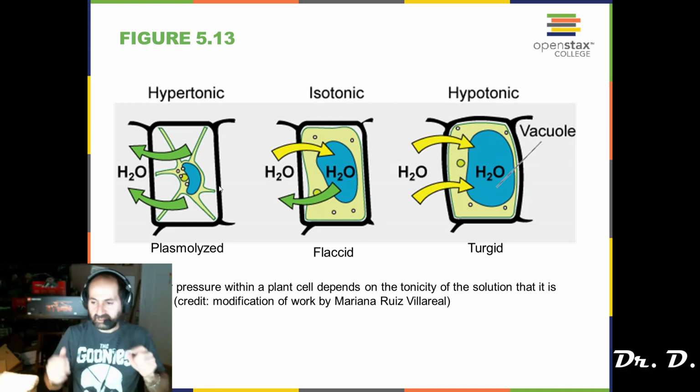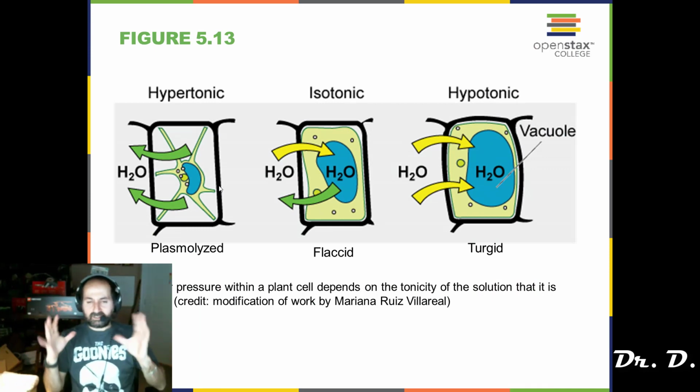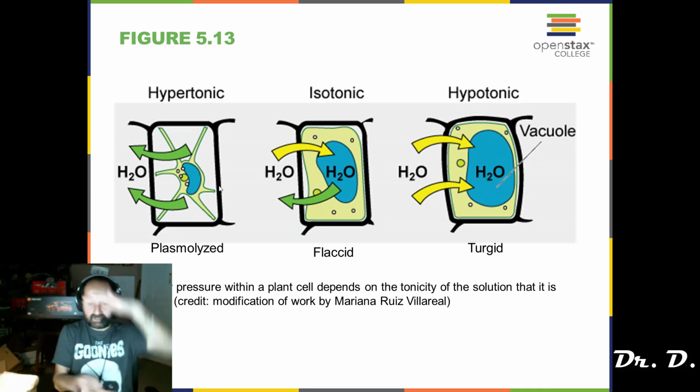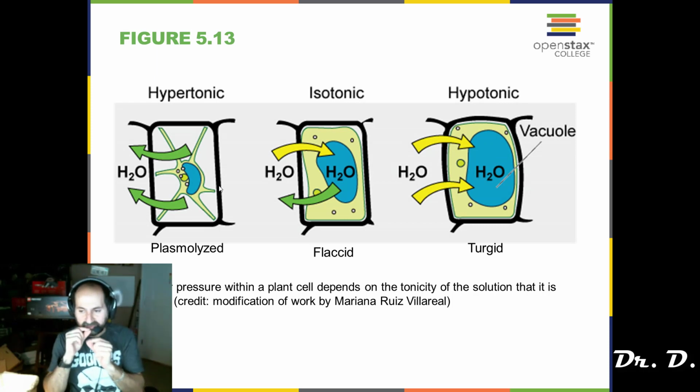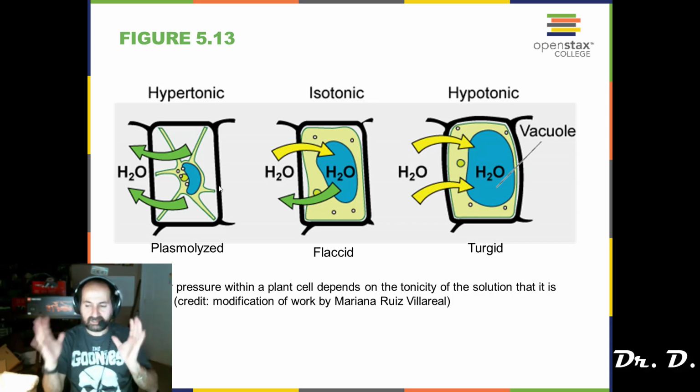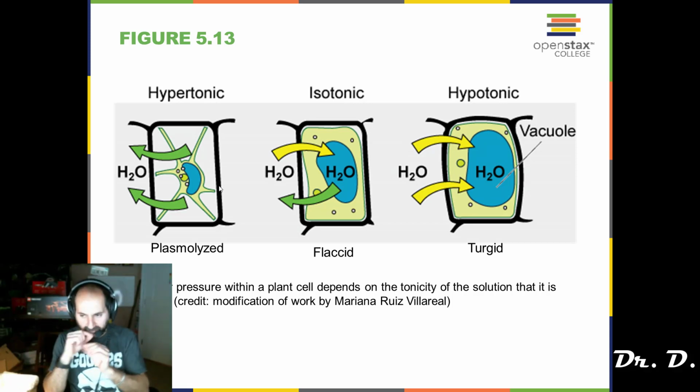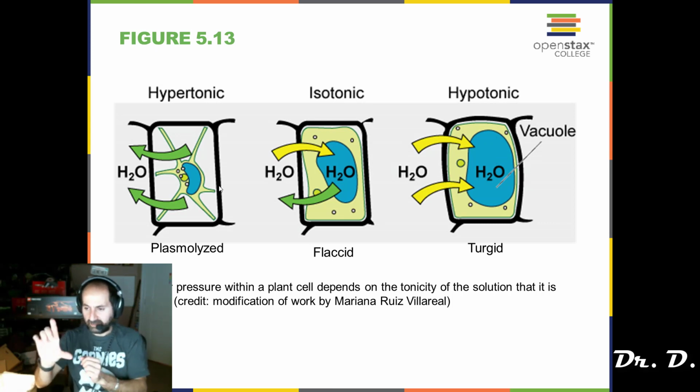Imagine if you have a cardboard box. That's the cell wall. And then I have a balloon inside. I blow up a balloon inside of a cardboard box. That's a plant cell. The cardboard box is the cell wall. The balloon I'm blowing up inside of the box is the plasma membrane. If I let air out, that's like letting water out.